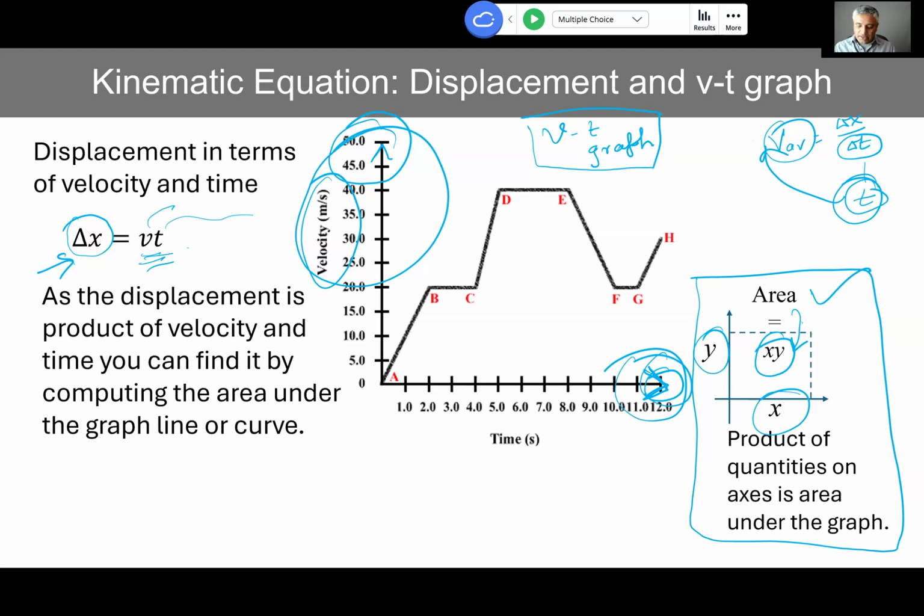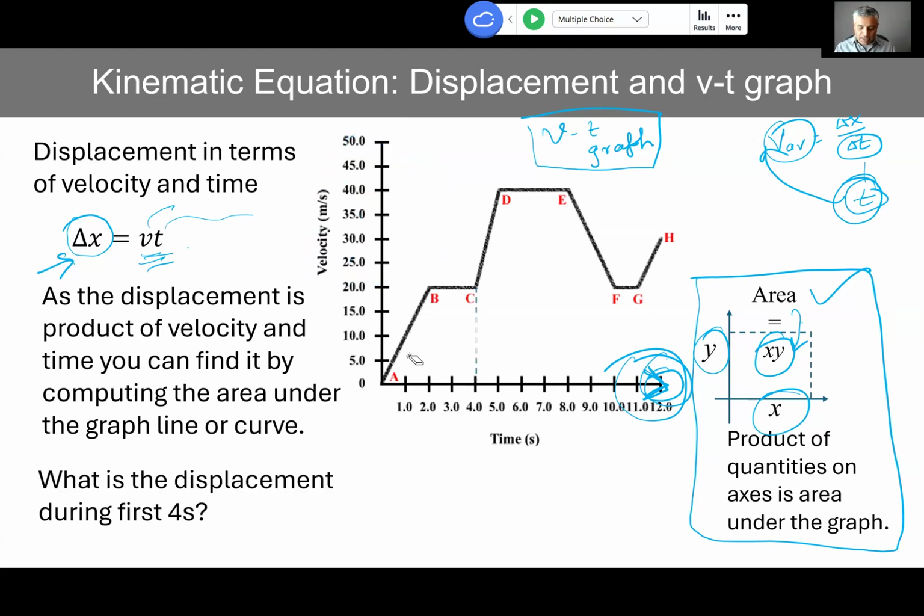Okay. So for example, I have this here. What is the displacement during the first 4 seconds? So the first 4 seconds means starting from 0 to 4 seconds, right? So I'm showing it with this dash line here. That means to find displacement, we need to find this area.